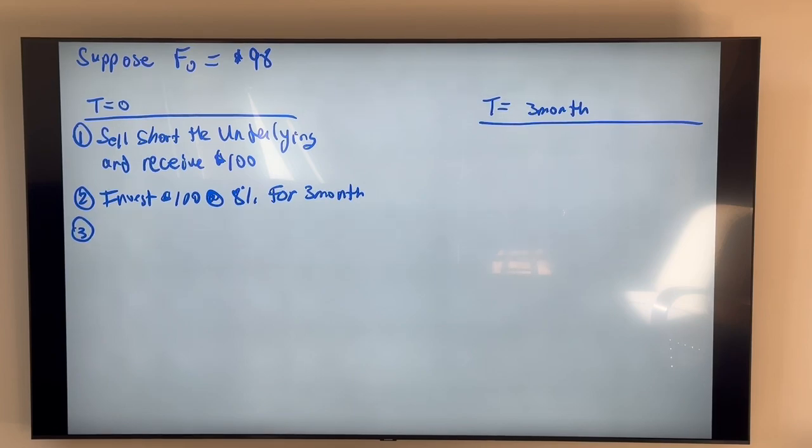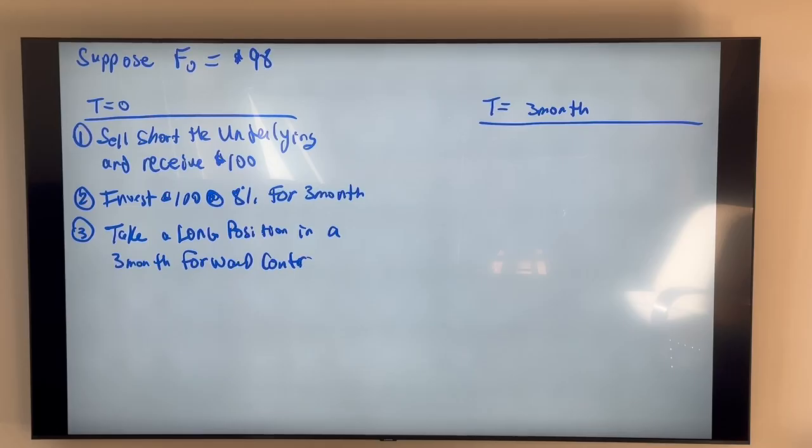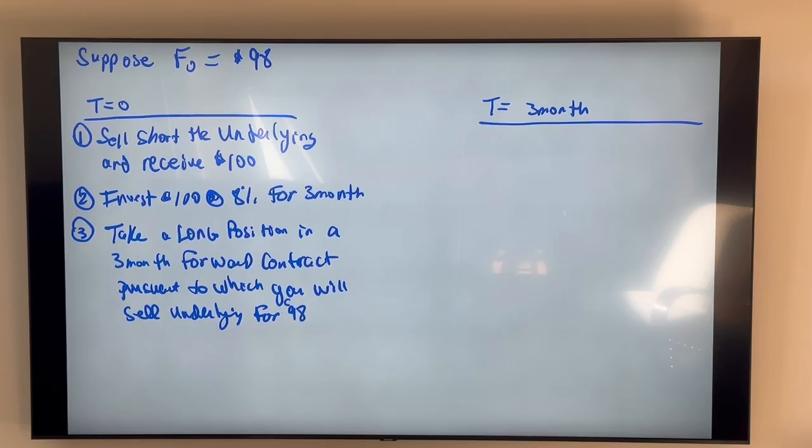And then the third thing that you would do is you would take a long position in a 3-month forward contract pursuant to which you will buy the underlying for $98 in 3 months. So those are the things you would do at time 0.